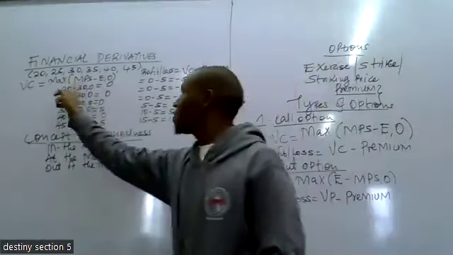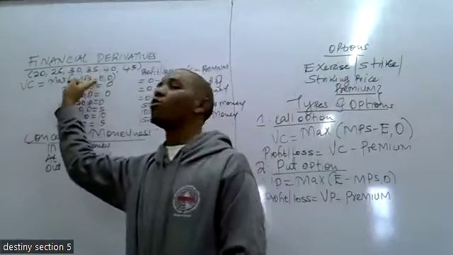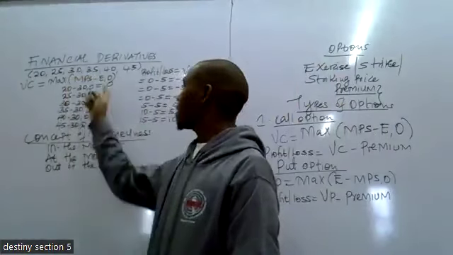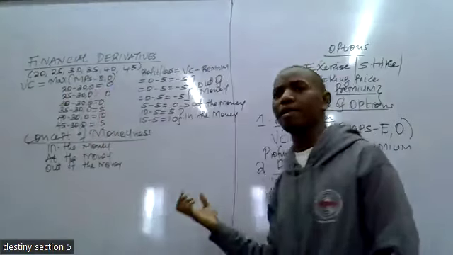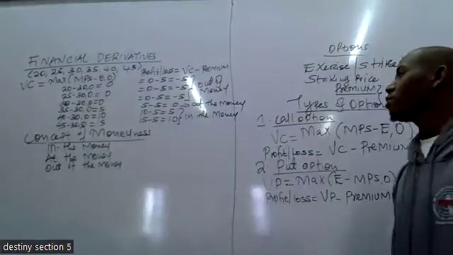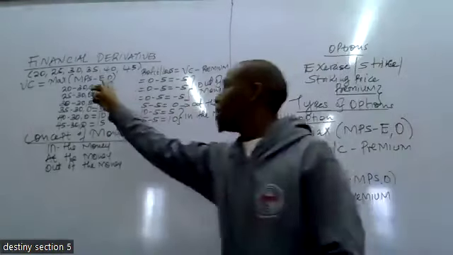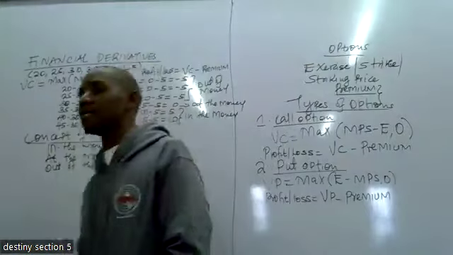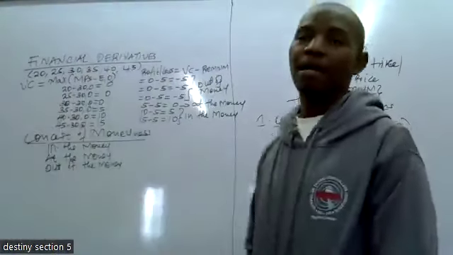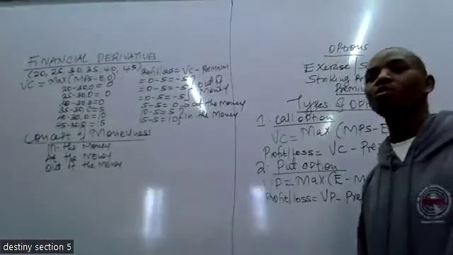If the market price is equal to the exercise price, generally in that case we say that the calls are at the money. And when the MPS is less than the exercise price, then we say that they are out of money.